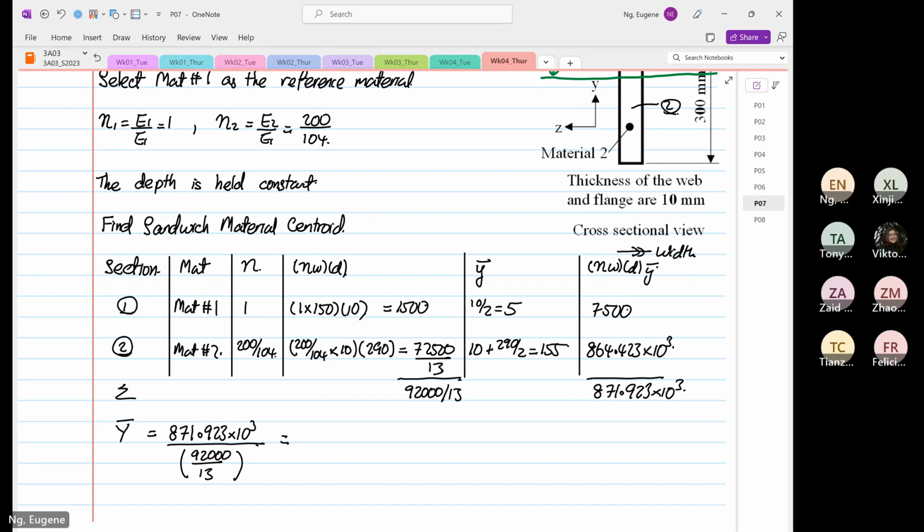So it's equal to 123.207 millimeters from the top.